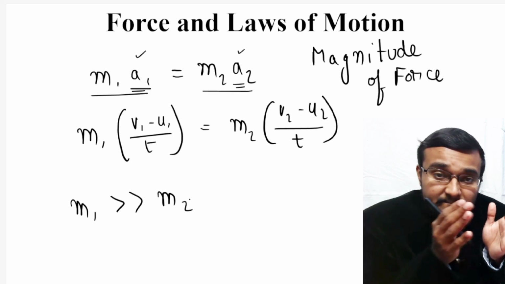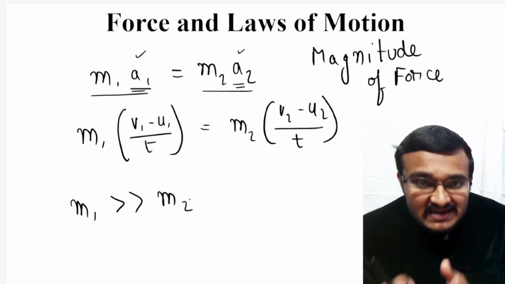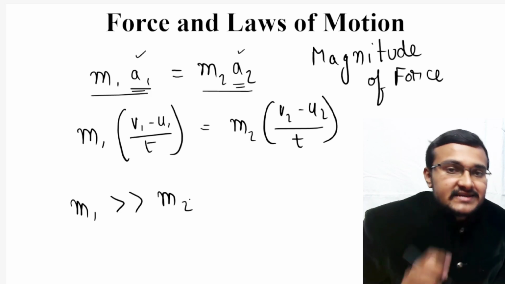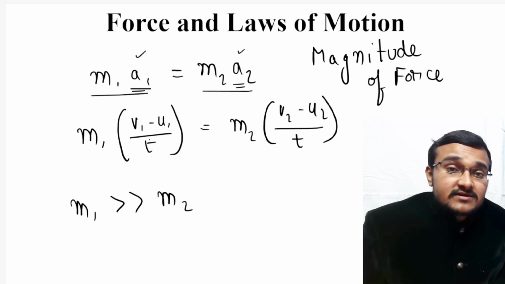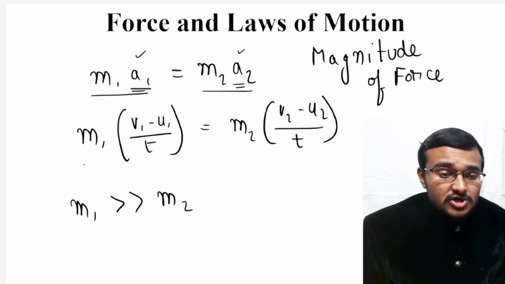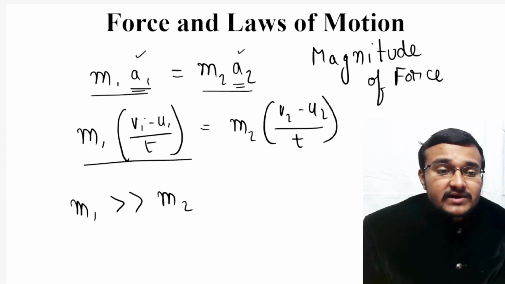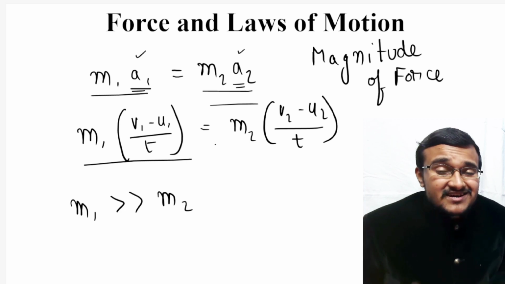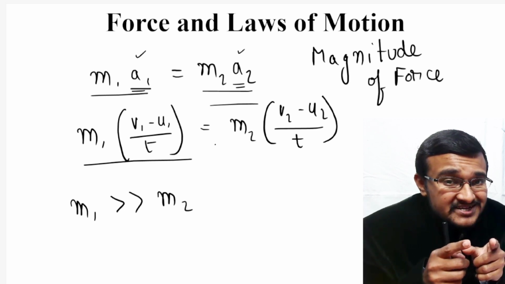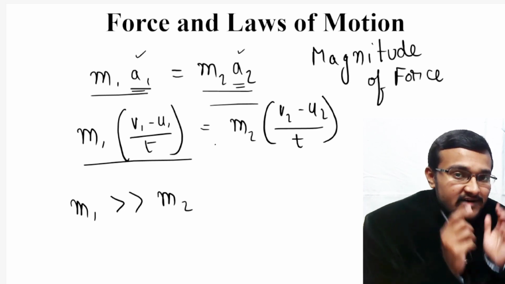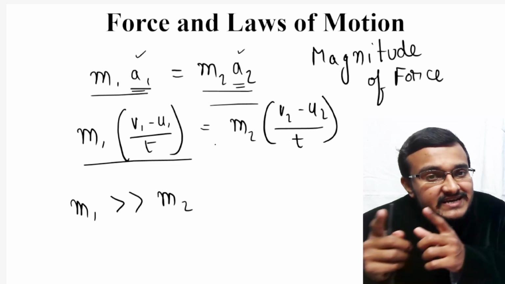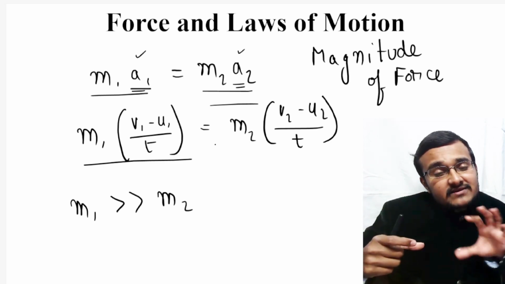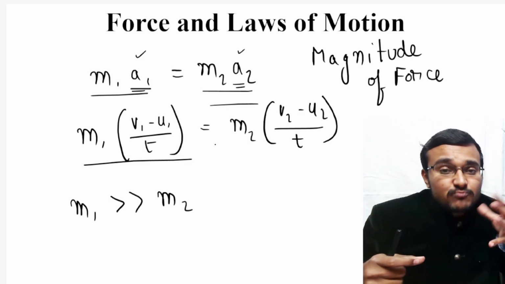So because mass is very small, the change in velocity should be much higher for the insect compared with the car, because m1 a1 is equal to m2 a2. That is, change in velocity times mass of car is equal to change in velocity times mass of insect. Now the insect mass is very small and the car mass is very large.